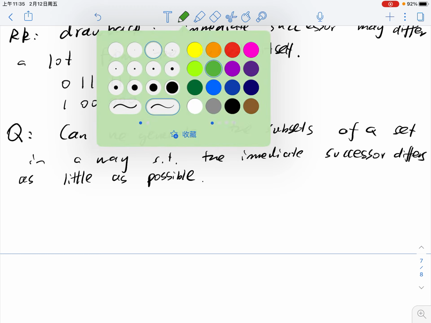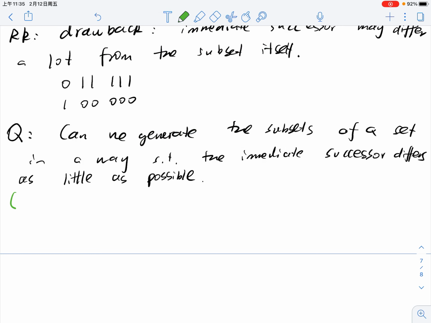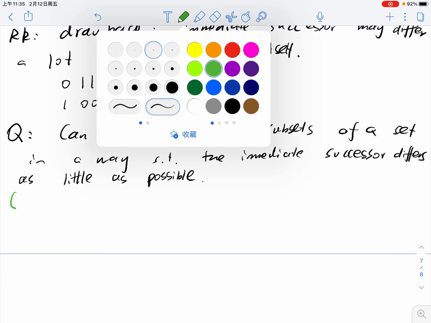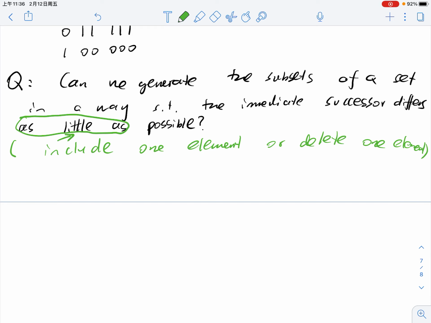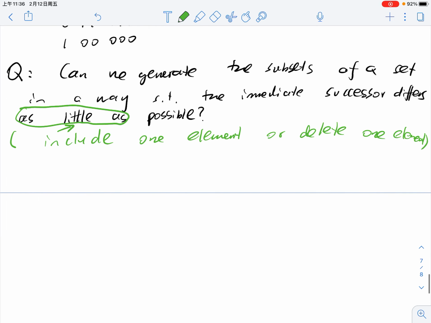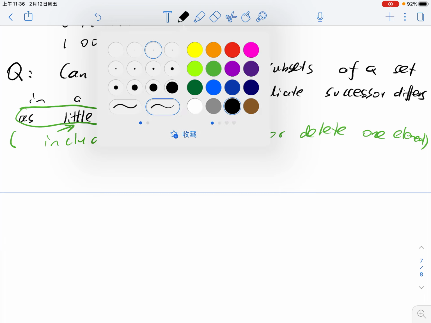And what does as little as possible mean? The most we can expect is to include one element or delete one element. That's the most we can expect. Probably this is not so restrictive.